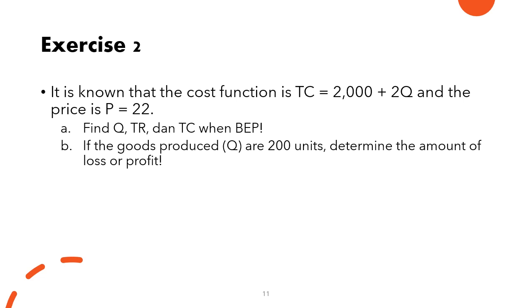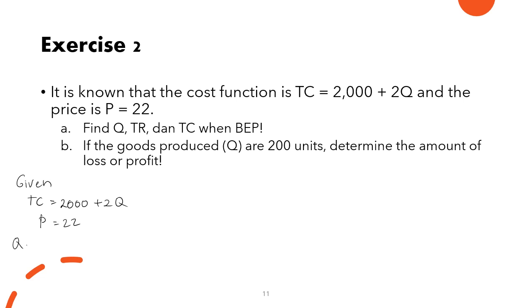So again, first of all, write given that TC is 2000 plus 2Q, and the price is 22, small p.